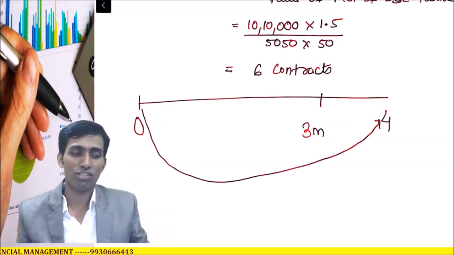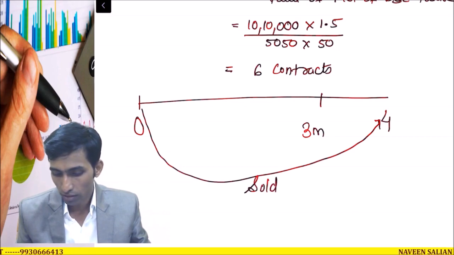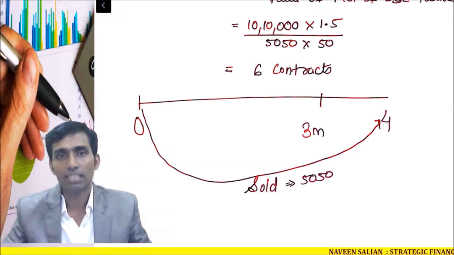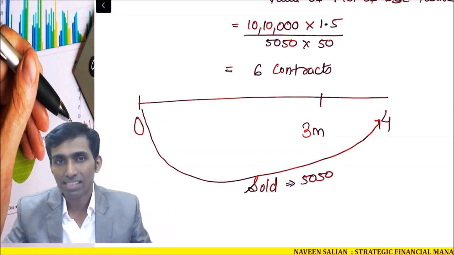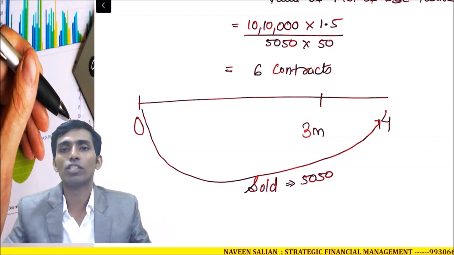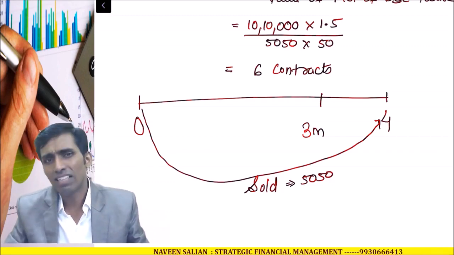They have said in the question that you have sold it, means this is a contract you have sold at 5050, means you have a contract that I will sell BSE index at 5050 at the end of the 4th month. So this you have done.